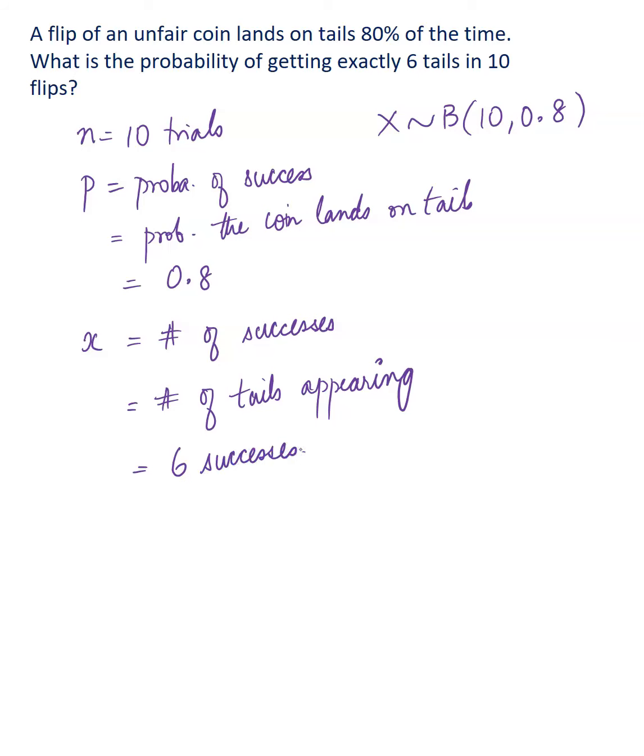Out of the 10 flips, 6 tails. That's what we want. So when you have something specific like this, can I find exactly for 6 tails what the probability would be? We were able to do that visually, right? We were able to slide that bar and fix it for our n and for our p, and then go to our x, and we could find that from the visual. But to do it numerically, algebraically, we actually have a formula that helps us do it.